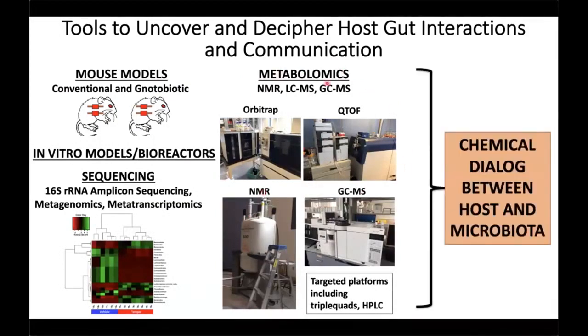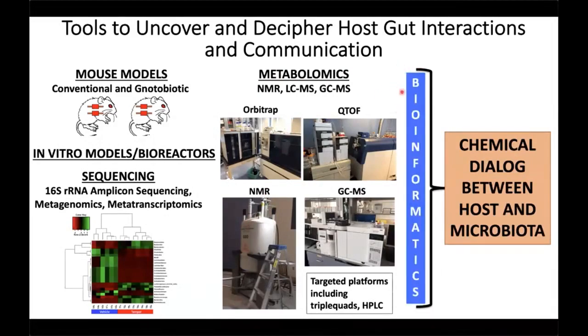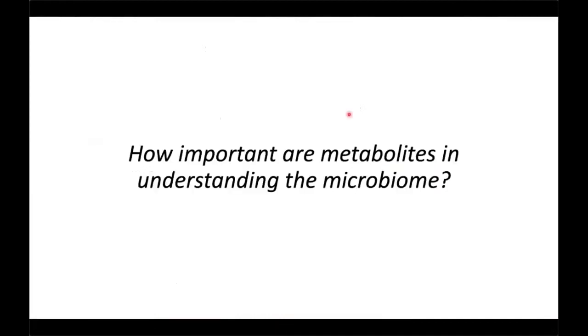The important thing is we think about this as the dialogue that exists, and it's a way that these organisms can communicate with us and vice versa. And ultimately, we use a tremendous amount of bioinformatic tools to help us look at this in an integrated and perhaps more simplistic view that helps us to really focus on the important pathways that are critical to the exchange of this information between the host and the microbes.